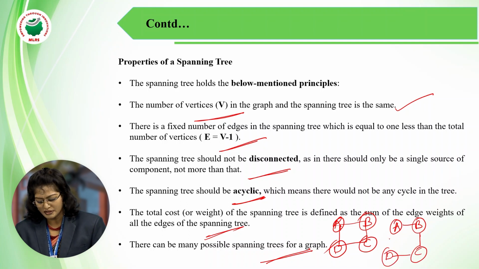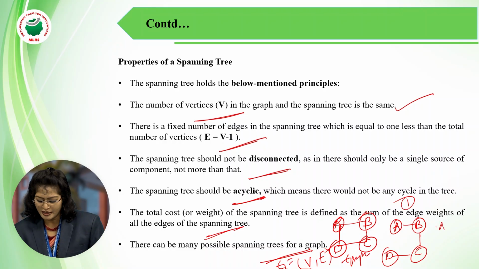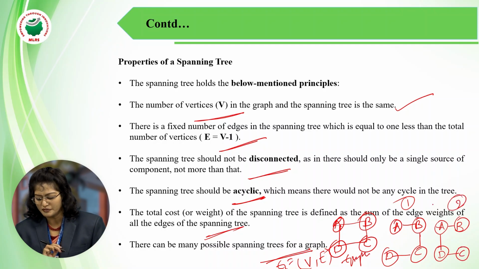If we connect like this, this is the total graph connecting with vertices and edges. And the next possible way: A is connected to B, A is connected to D, and D is connected to C. This is the next possible way.